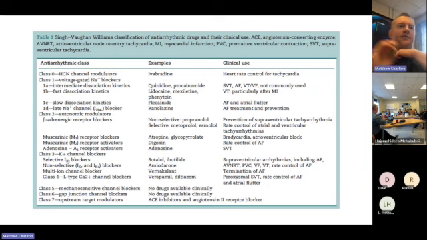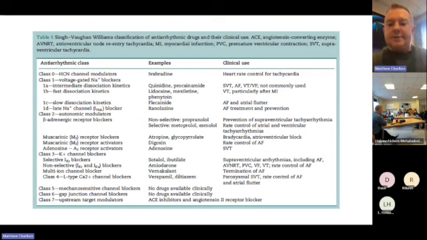Therefore, it has a pure rate-controlling property. It doesn't cause any reduction in contractility, which is what you said. So that's why it's a really good drug for heart failure, because it controls rate without affecting contractility. It has a very long name for the funny channels, which you don't need to worry about. Just remember that it only affects the funny channel current.